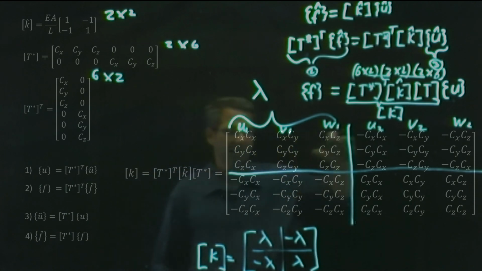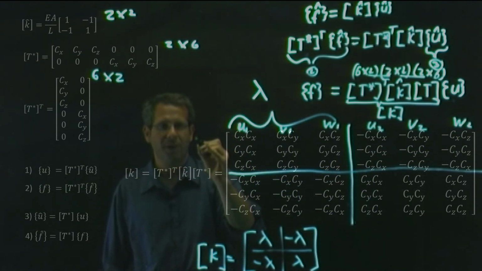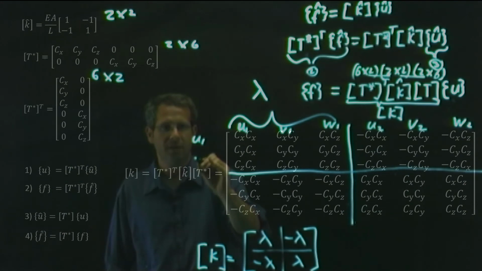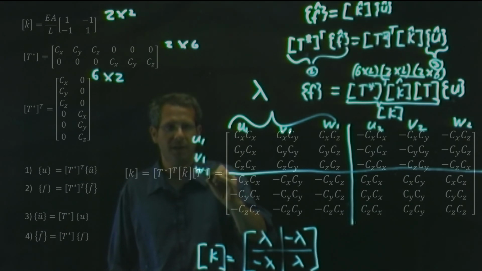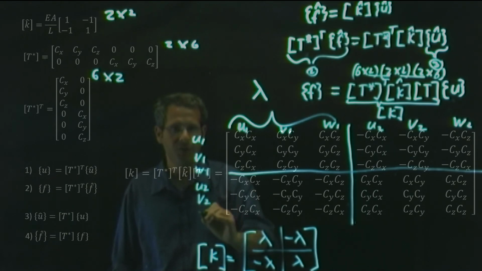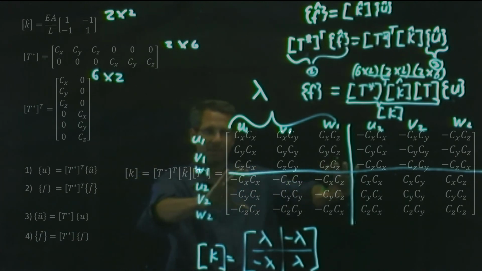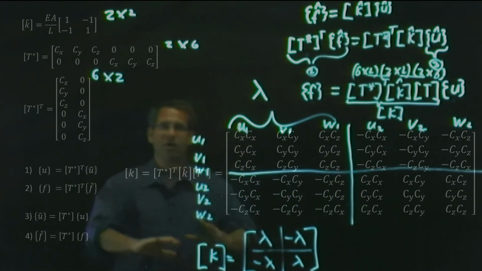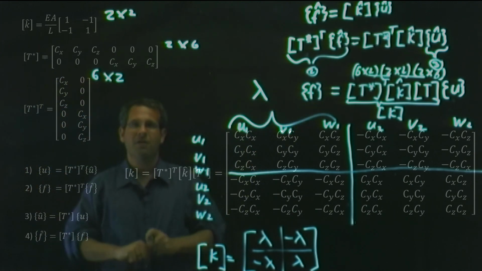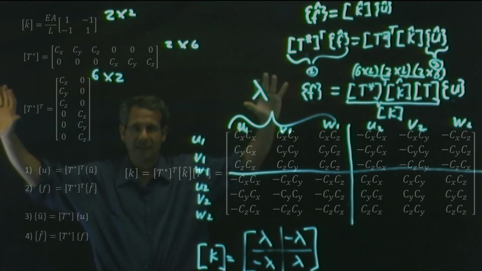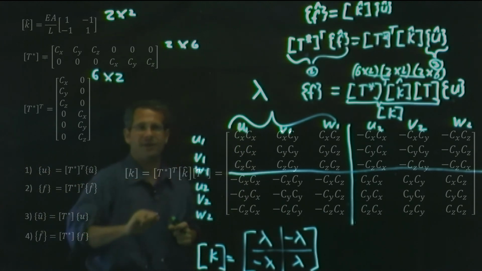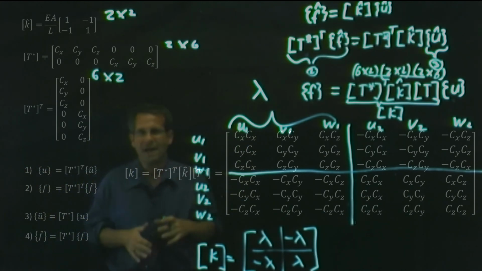Likewise, you can think of each row as corresponding to U1, V1, W1, U2, V2, and W2. All right? And this will help us take the local stiffness matrix in the global coordinate system for this particular bar element, and create the global stiffness matrix for the global truss system out of these individual local stiffness matrices. All right, that's enough for this video.